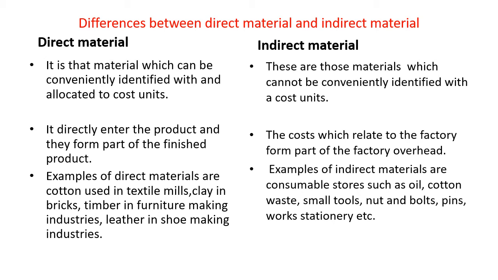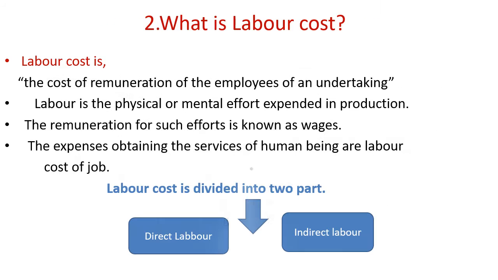Examples of indirect materials are consumable stores such as oil, cotton waste, small tools, nut and bolt, pin, work stationery, etc. So, we understand the difference between direct material and indirect material.